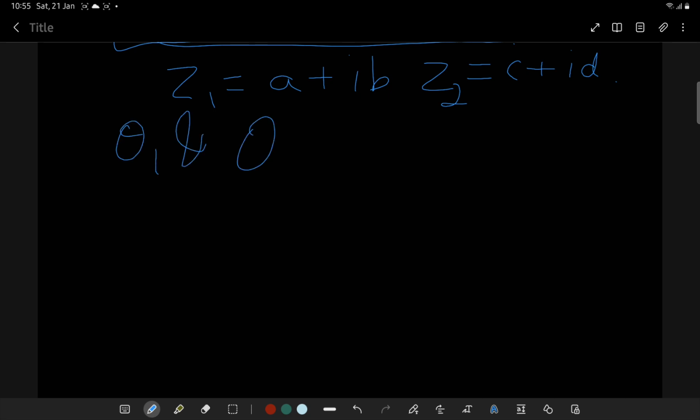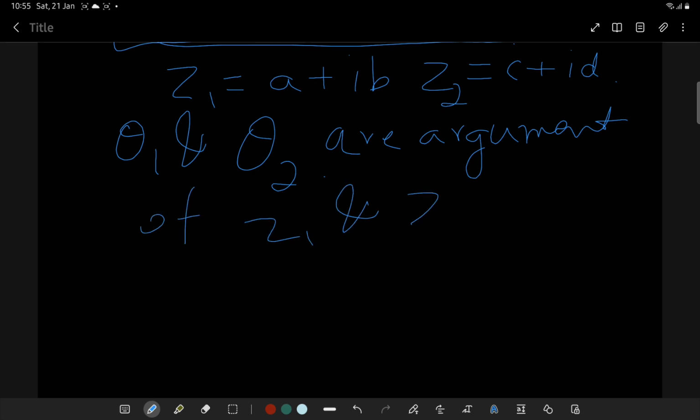This theta is also called the argument of the complex number. The formula is the same, tan inverse of b by a for z1, and tan inverse of d by c for z2.